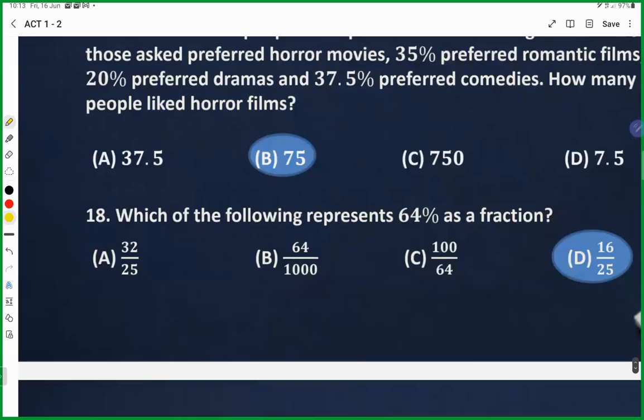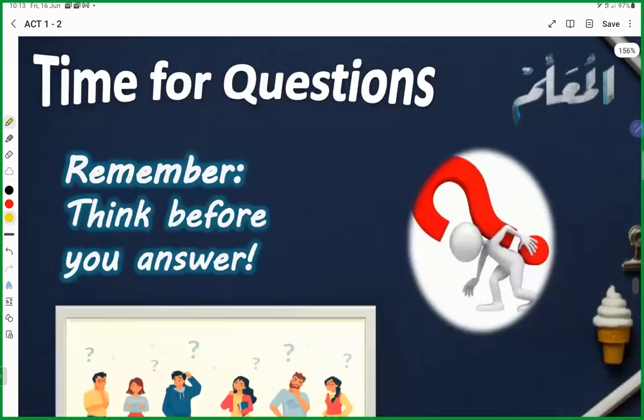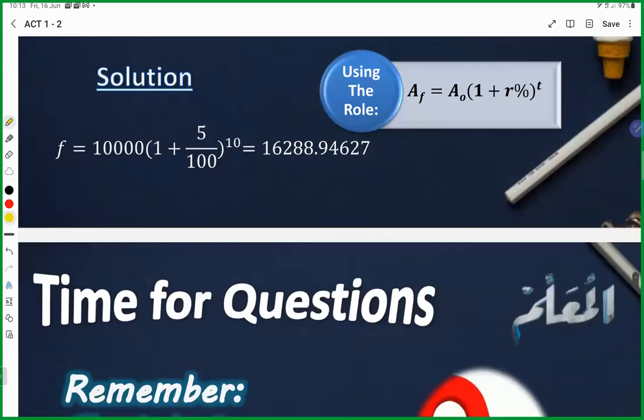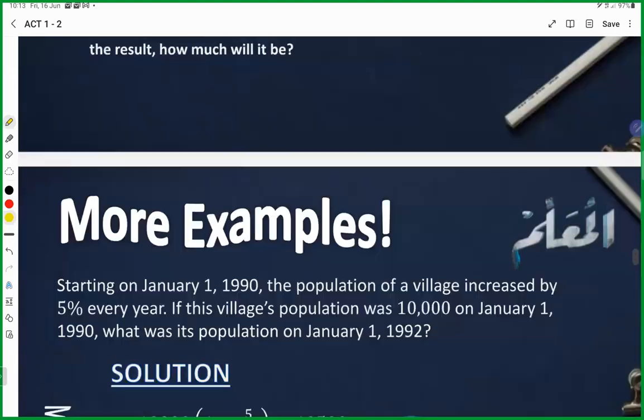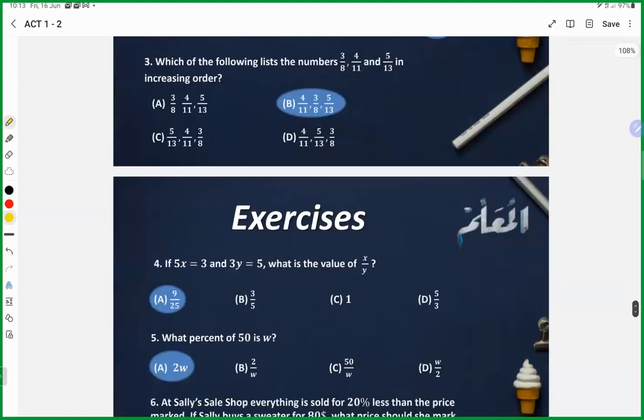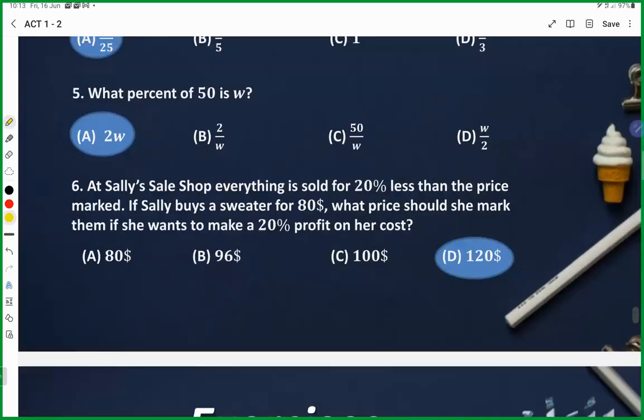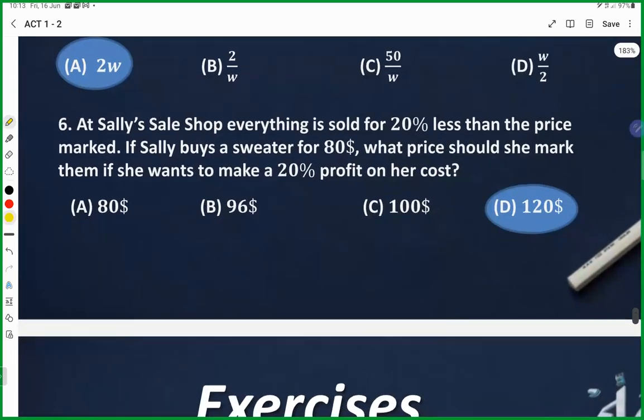Okay, there's another question I'll do here. At Sally's sale shop, everything is sold for 20% less than the price marked.